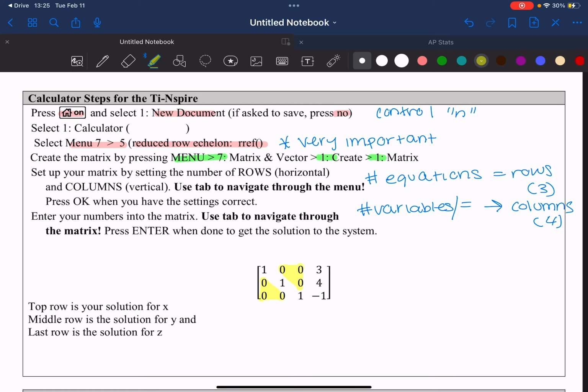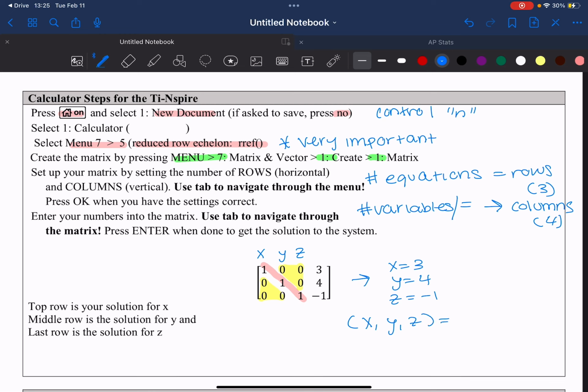What this does is it gives you your diagonal, your identity matrix, so now you automatically know this is X, this is Y, and this is Z. From this example, we have X is equal to 3, Y is equal to 4, and Z is equal to -1. For our answer, X, Y, Z is equal to 3, 4, -1. This is how it's going to show you on the calculator.